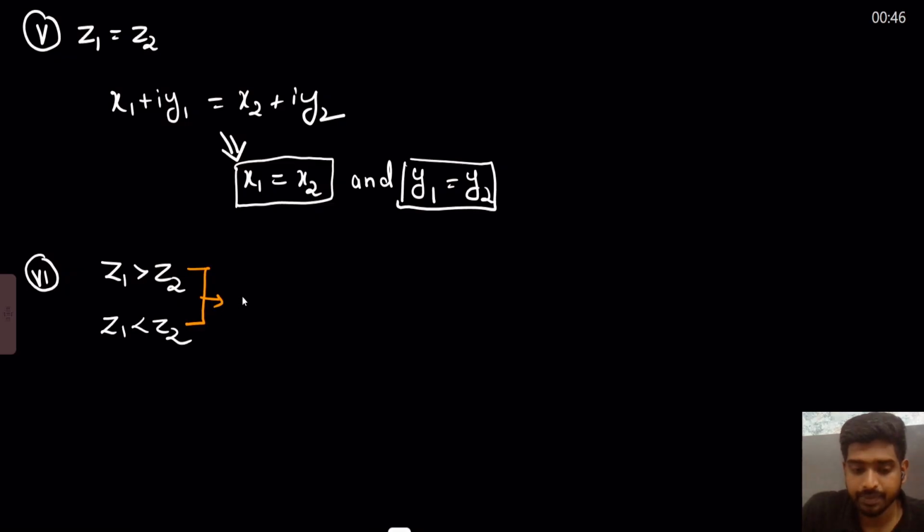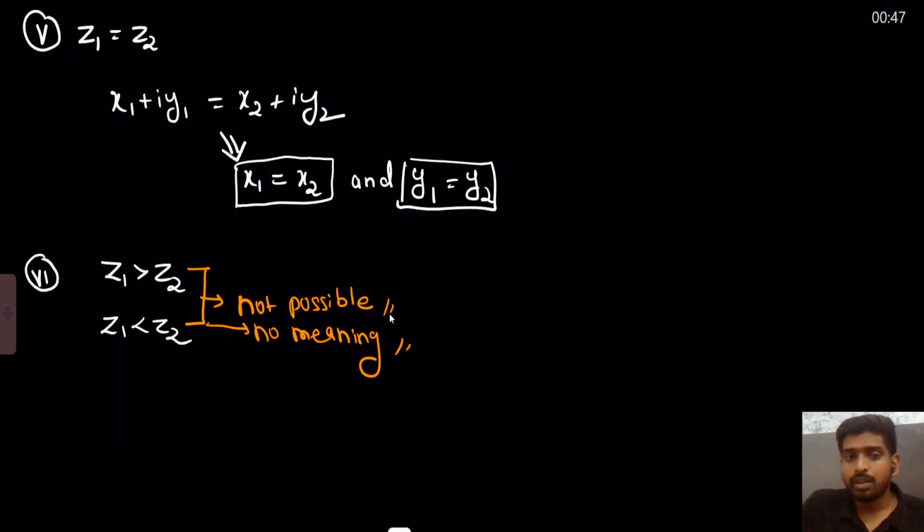These are meaningless, not possible, or you can say has no meaning. Why can't we say one complex number is greater than another complex number, or smaller than another?